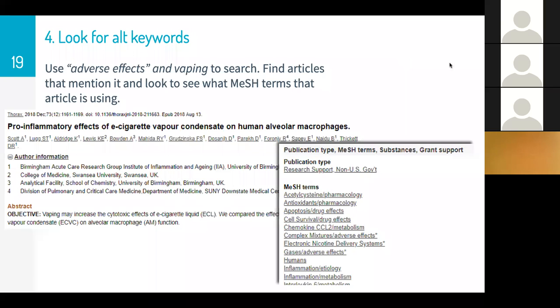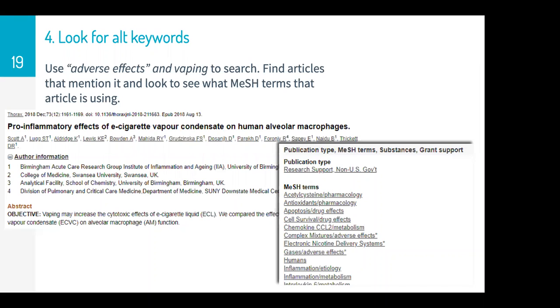It's just a small box. That's kind of distracting. Is it distracting for you guys? Sorry, this is Liz. I don't see a small box. I just see the screen. I see a box that says publication type, MeSH terms, substances, grant support. Okay, good. That's what I want you to see.